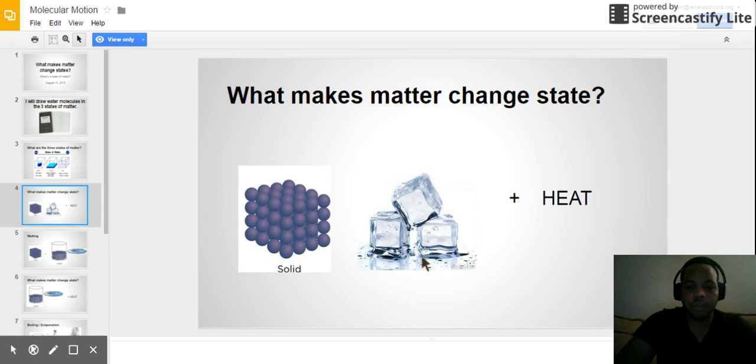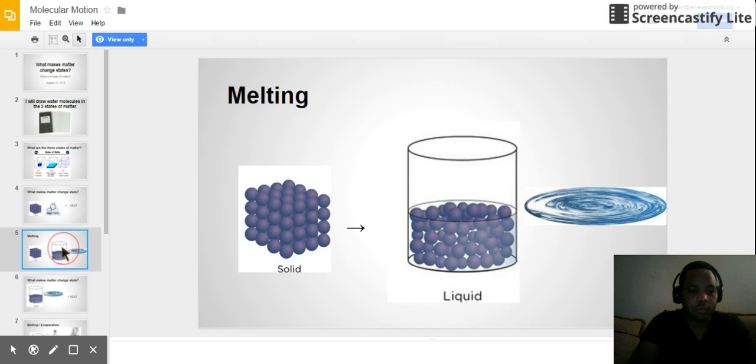So if we put our fists together, making a vibrating motion, and we add some heat to it, you see that if we add heat to solid molecules, they'll start to form into what we call liquid.